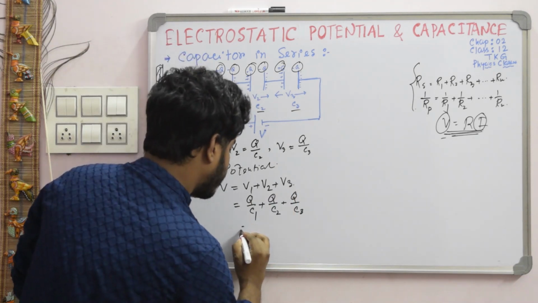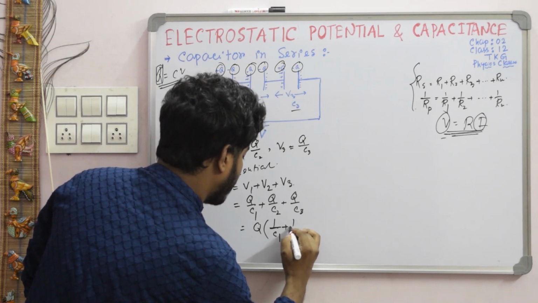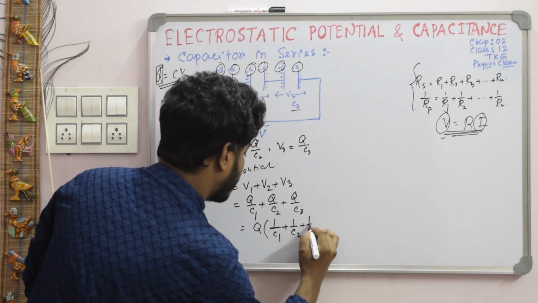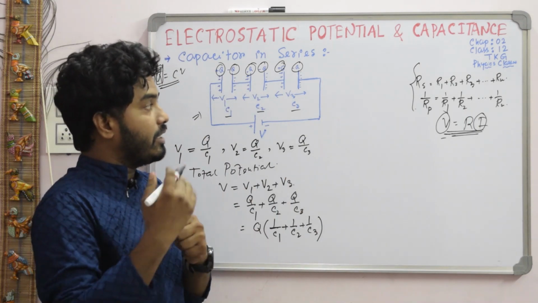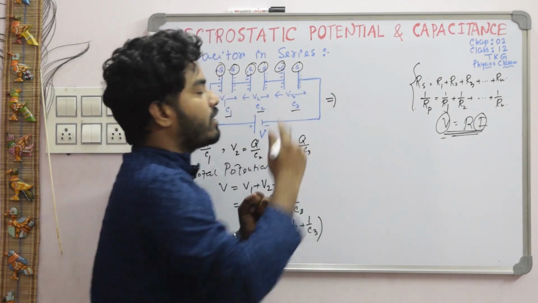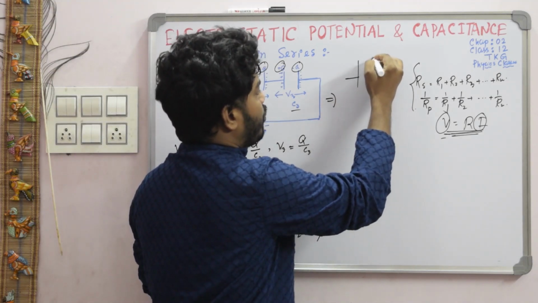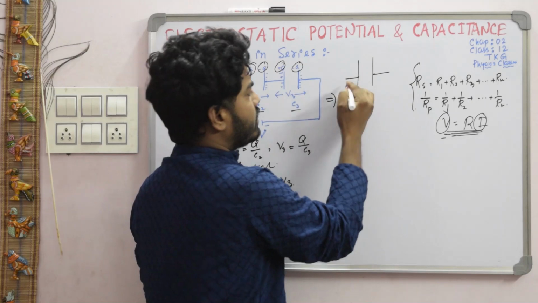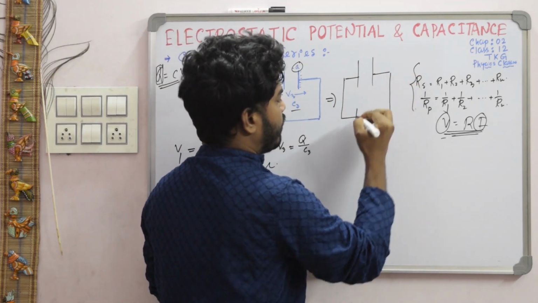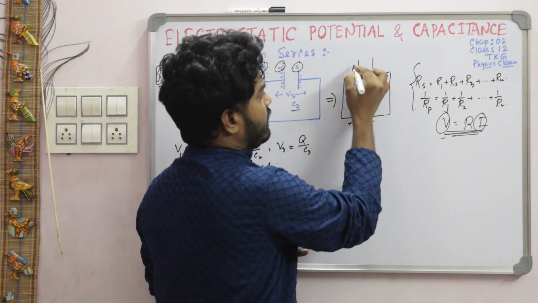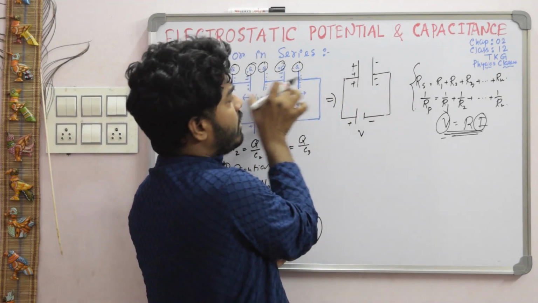Here Q is common, so V is equal to Q times 1 by C1 plus 1 by C2 plus 1 by C3. Now if I make the equivalent circuit, suppose this is the equivalent capacitance for the 3 capacitors and the supplied potential is V. So here the supplied potential is V, and this capacitor is the equivalent capacitor for the 3 capacitors.